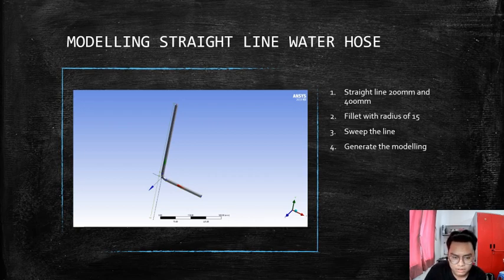After we finish constructing the two intersecting lines, the intersecting point we need to fillet with a radius of 15. After we finish constructing the structure, we select the sweep button and select the structure to generate the water hose. Then we click generate model to generate the model.